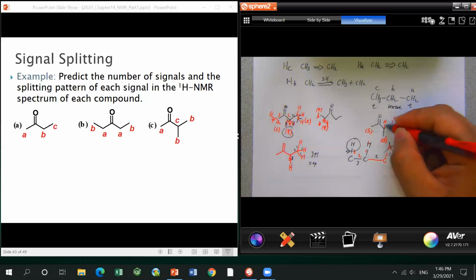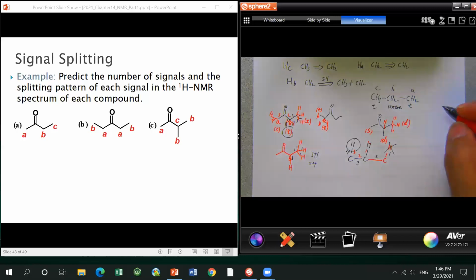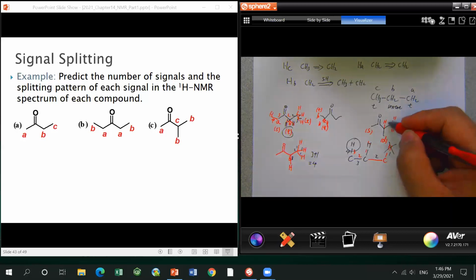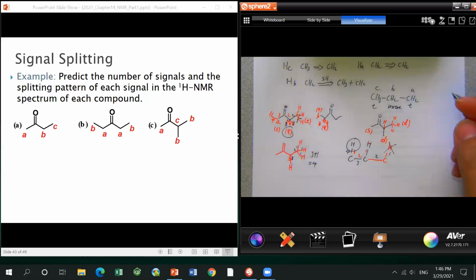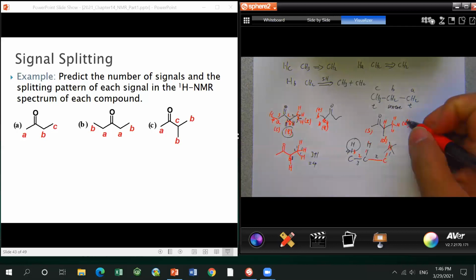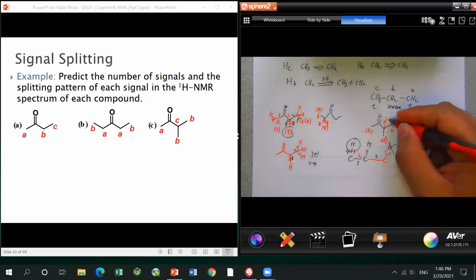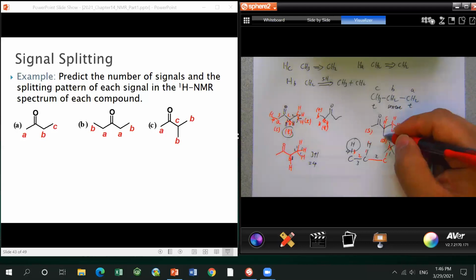All right, can anyone tell me what the splitting pattern for C is? That's right, a septet. C has a total of 6 hydrogens 3 bonds away.